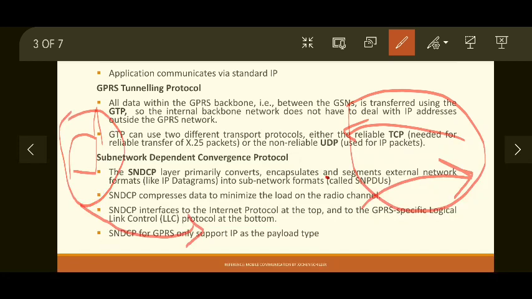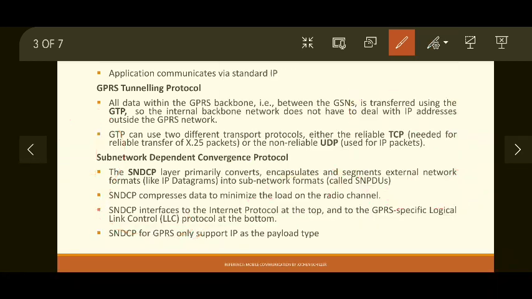So to convert them into each other, SNDCP performs a key role. Okay, so SNDCP primarily converts, encapsulates if required, and segments external network format like IP datagram into subnetwork format that is suitable for wireless interface, because mobile is connected via wireless interface whereas external networks are connected via wired interface. So formats will be different.